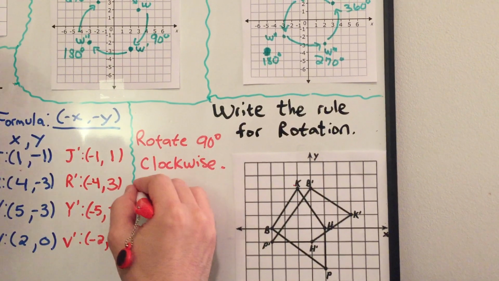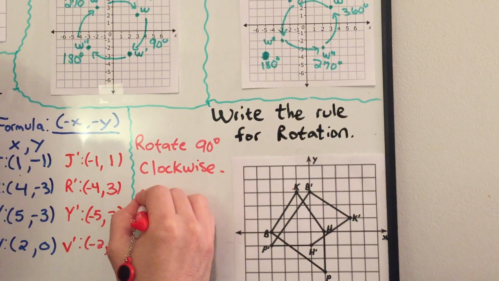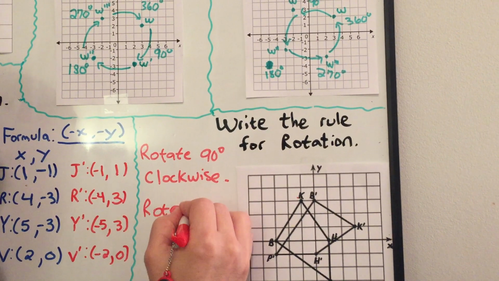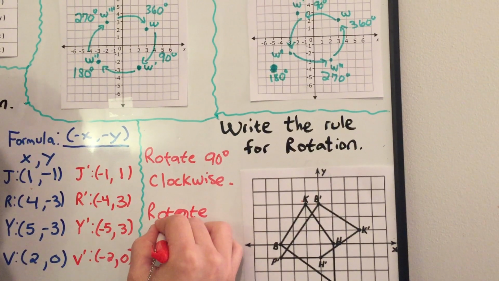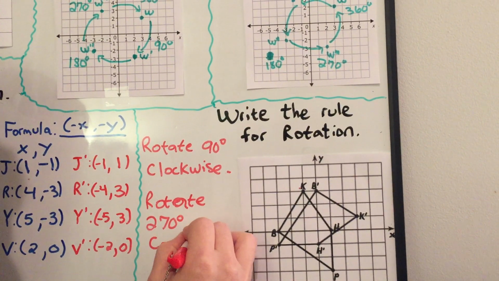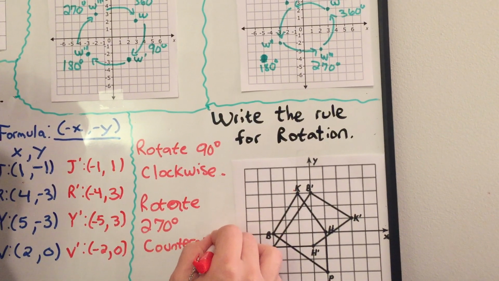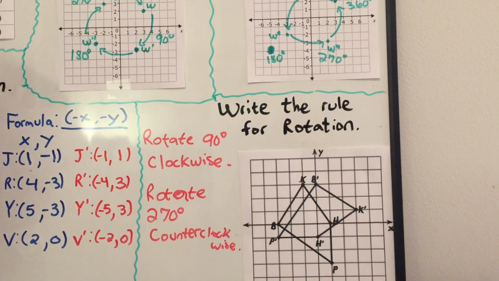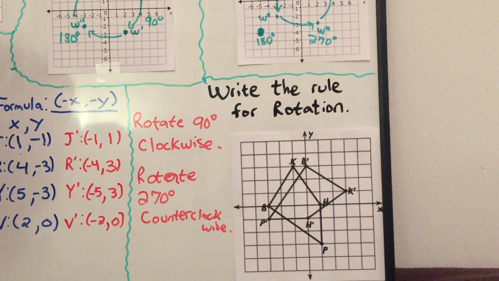So if I just decided to do counterclockwise, that would mean we would rotate 270 degrees counterclockwise. And I'm running out of room right there. Boom. Okay, that's all you need to do when you write the rule.